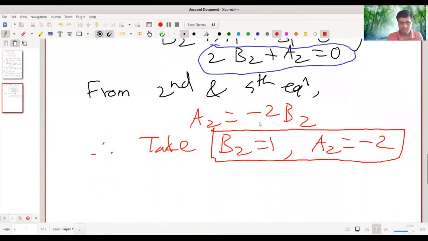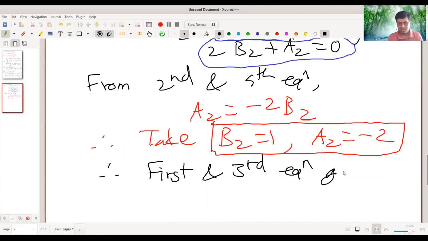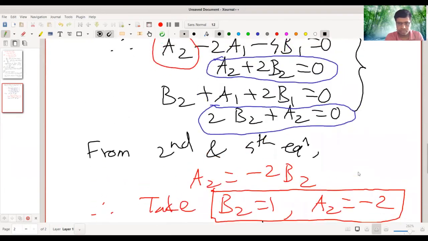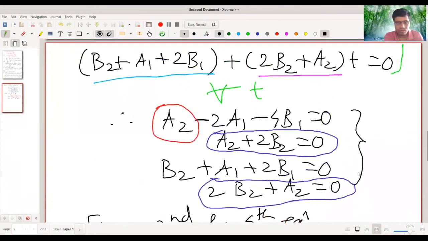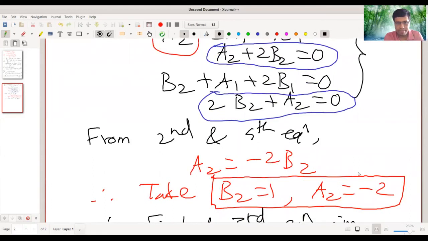Therefore, the first and third equation give, we can take the third equation where b2 is 1. So a1 plus 2b1 equal to minus 1.